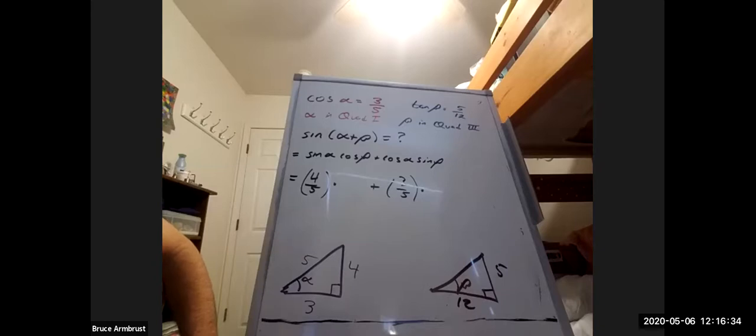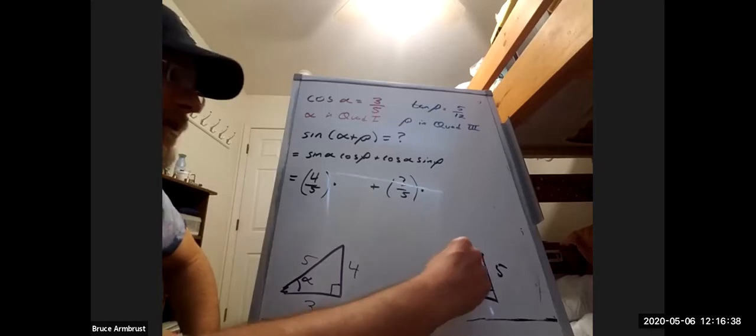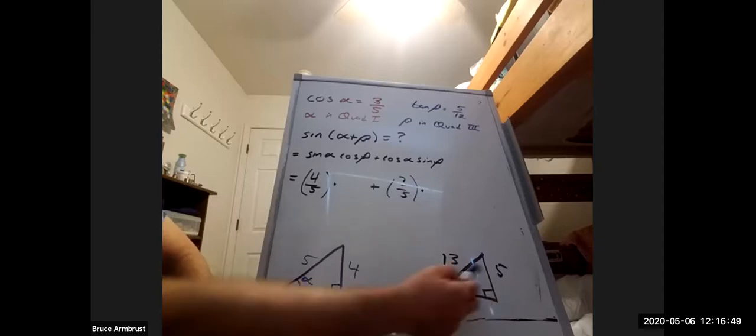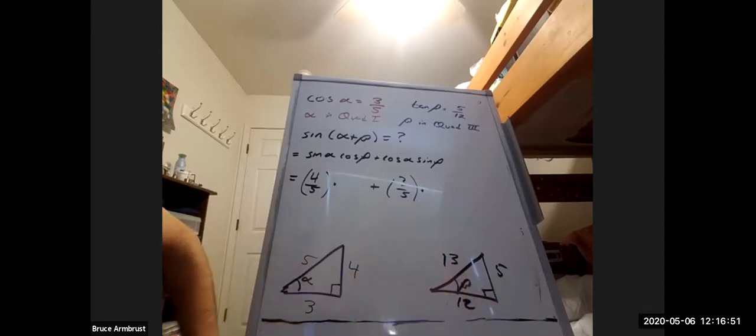Again, we can use the Pythagorean theorem, and you get 13. This is another Pythagorean triple, 5, 12, 13.